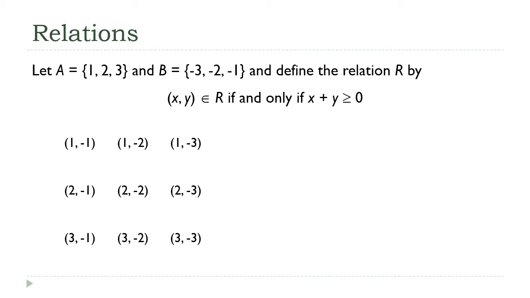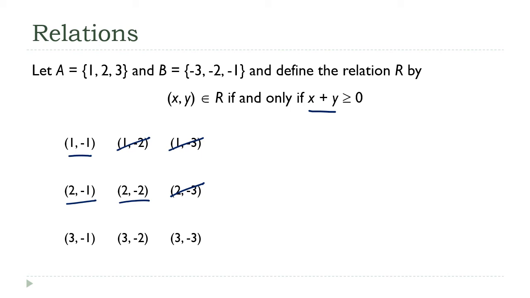So what I need to figure out is which of these ordered pairs has a sum that's greater than or equal to 0. And that's pretty easy to do, right? This one does. This one, 1, -2, that would be -1. 1, -3, excuse me, would be -2. 2, -1, that works. 2, -2, that's 0, good. 2, -3 is -1, that one has to go.